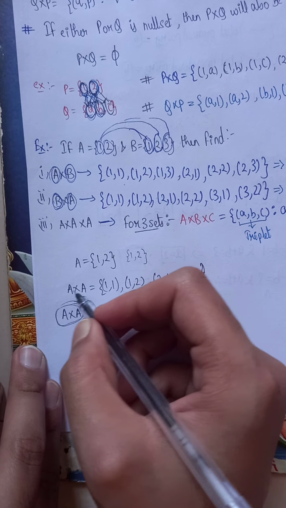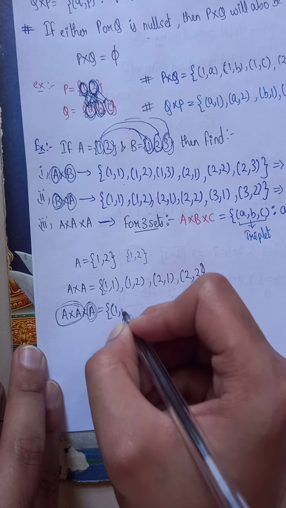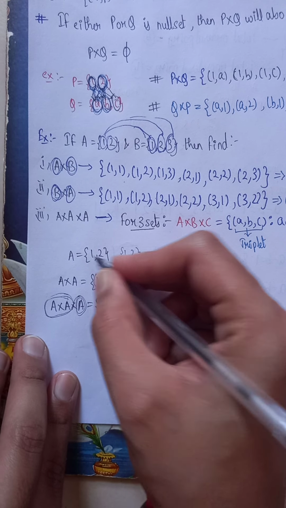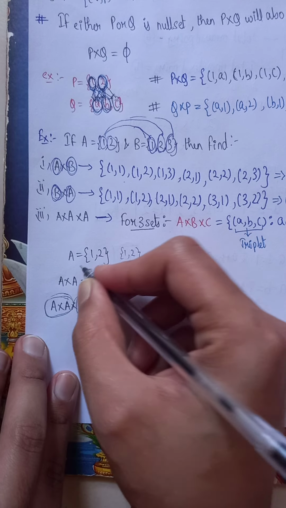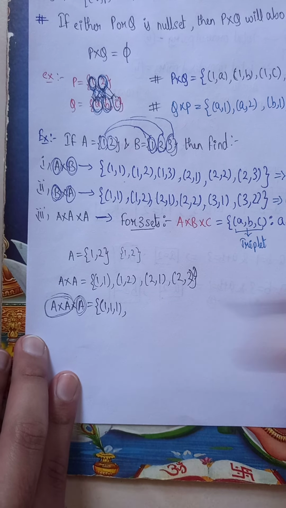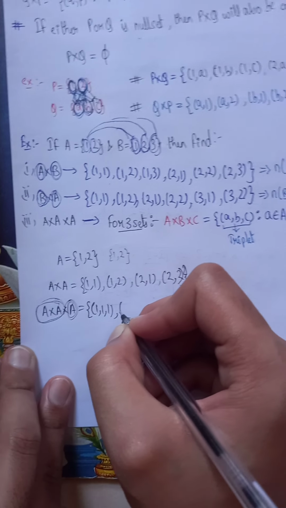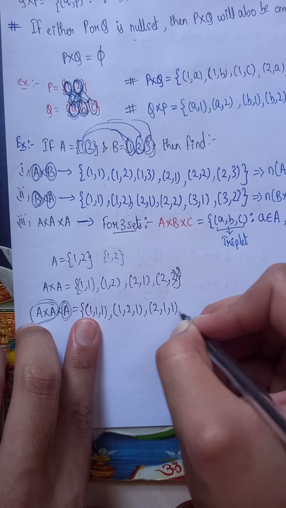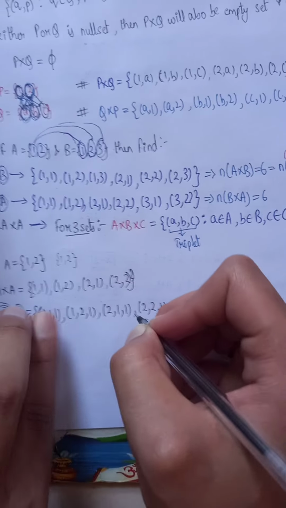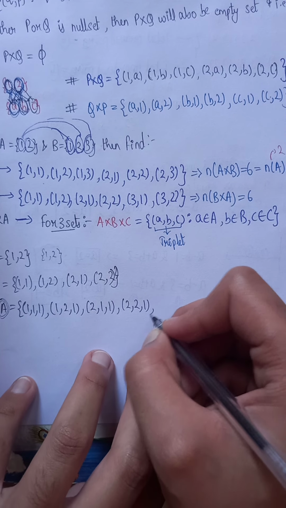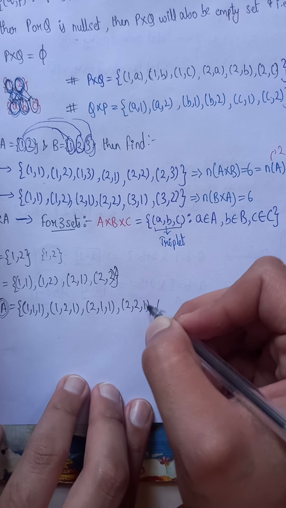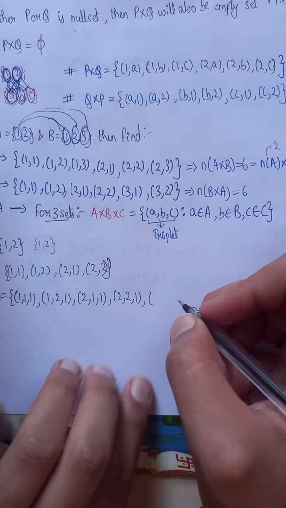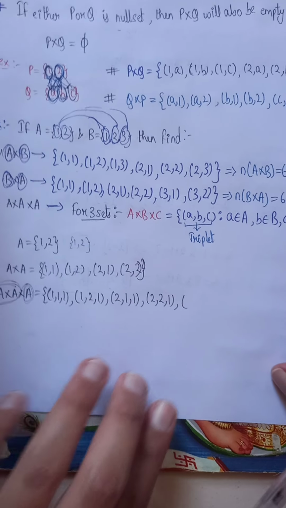That is, first you need to write the elements of this set, and next this. So it's like 1 comma 1 comma 1, 1 comma 2 comma 1, 2 comma 1 comma 1, 2 comma 2 comma 1. Next, 1 comma 1 comma 2, like that you need to go.